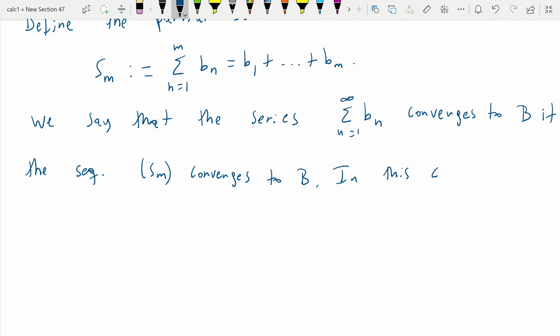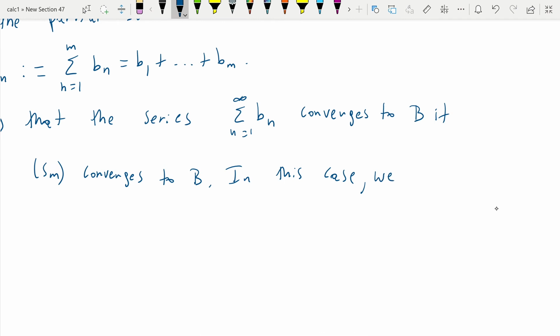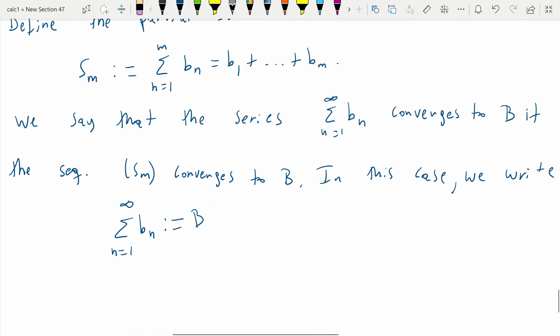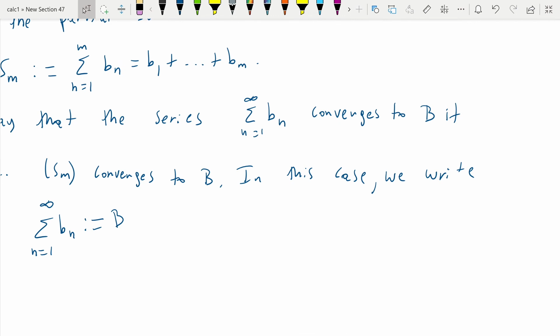In this case, we write that this infinite sum equals b. This is a definition, of course. I mean, this thing on the left does not make any sense a priori, but now we're going to define it as the limit b.